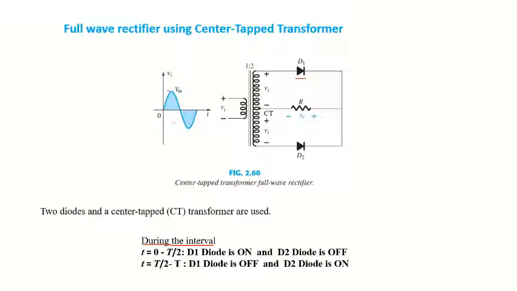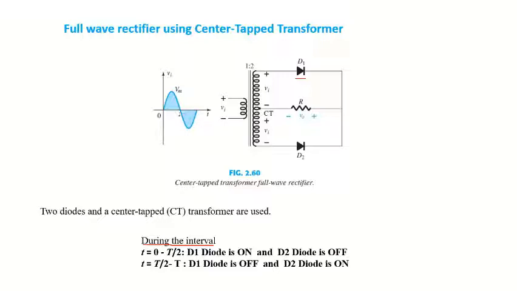2 diodes in the center tap transformer are used. During the interval T equal to 0 to T by 2, for the positive half cycle, or for the upper lobe, diode D1 is on, because the cycle will be like this, and it will be open circuit. So the only wave we are getting here is in the upper portion, and diode D2 is off for the positive half cycle.